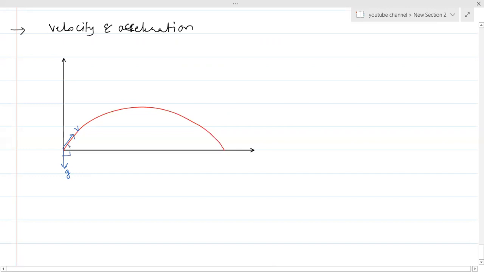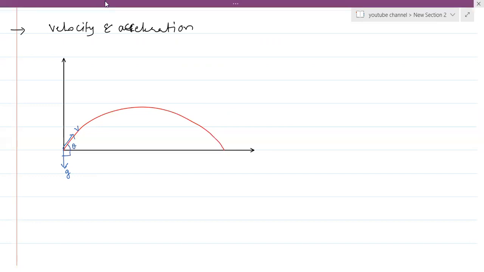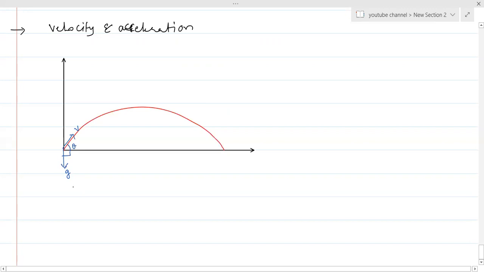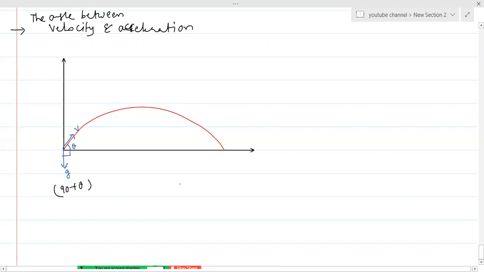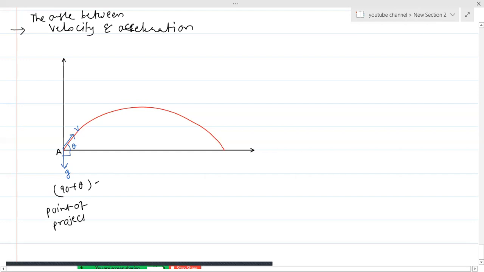So this is 90 and this is theta, so here we have an angle 90 plus theta. The angle between velocity and acceleration is 90 plus theta. This is the situation at A, that is, at the point of projection.